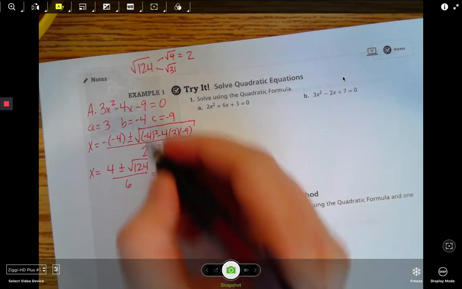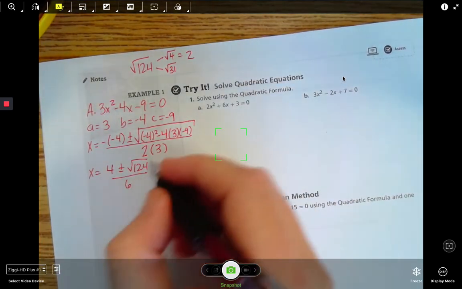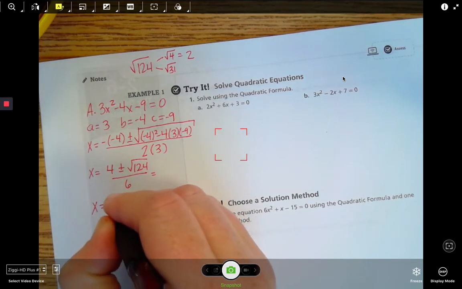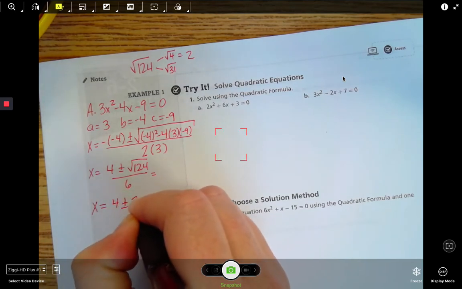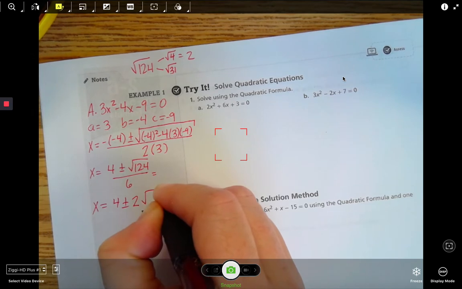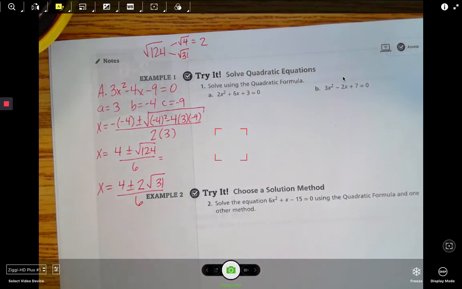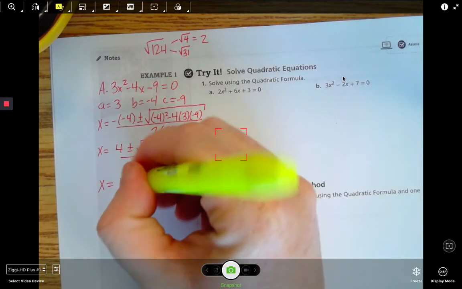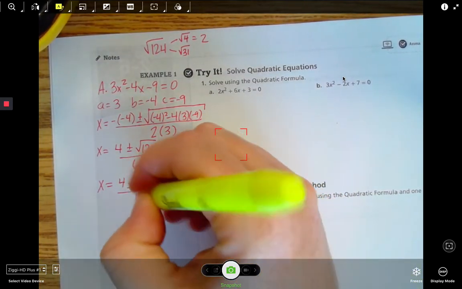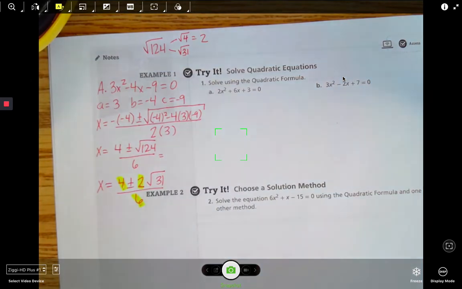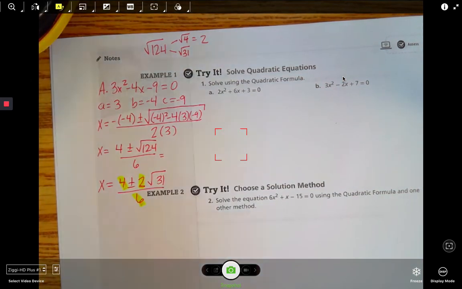So now what I do is I come over here and I rewrite this as x equals 4 plus or minus 2 times the square root of 31 over 6. This is where it's important to pay attention to these numbers, the one in front of the radical symbol and these other two numbers. Do they have anything in common?